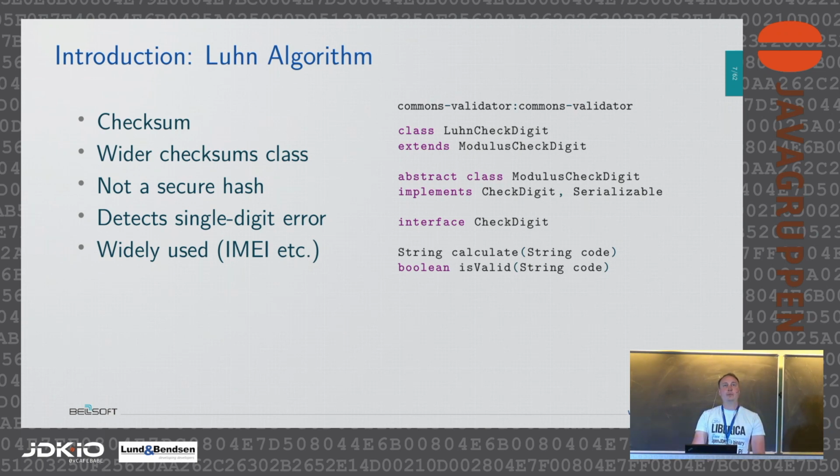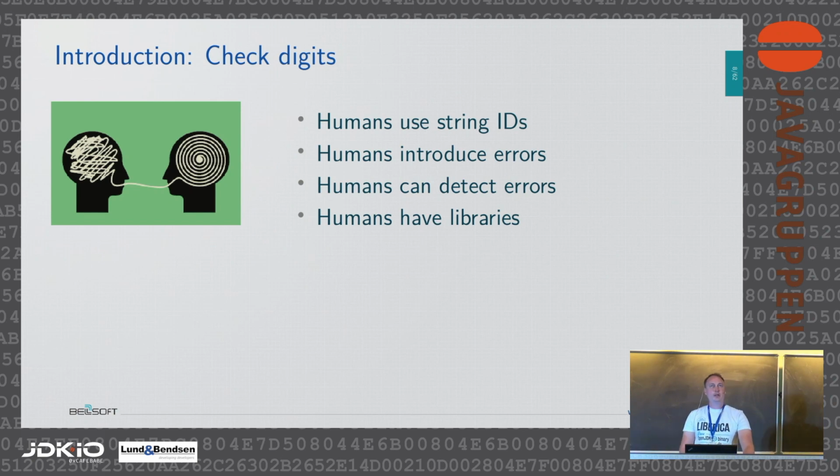So that's for humans, and humans make mistakes. You can tell me your credit card number over the phone, and probably you will make some mistake, and I will check your last digit, and that's all.